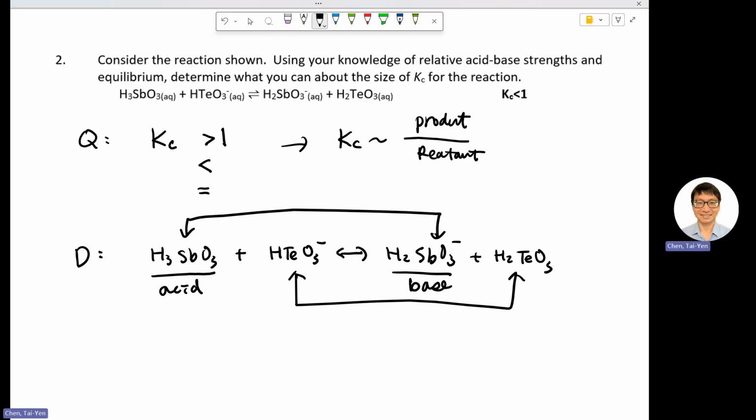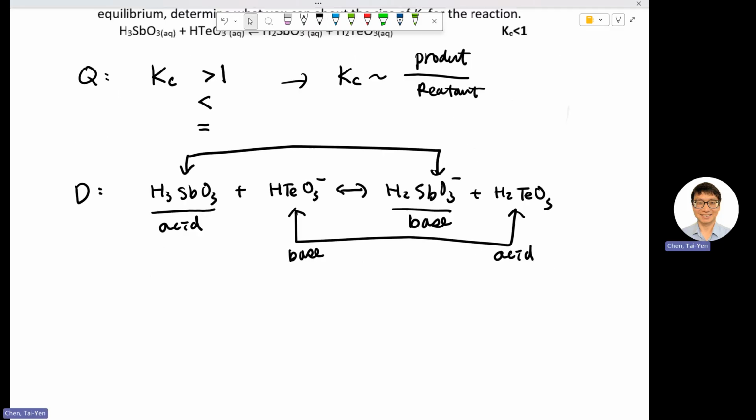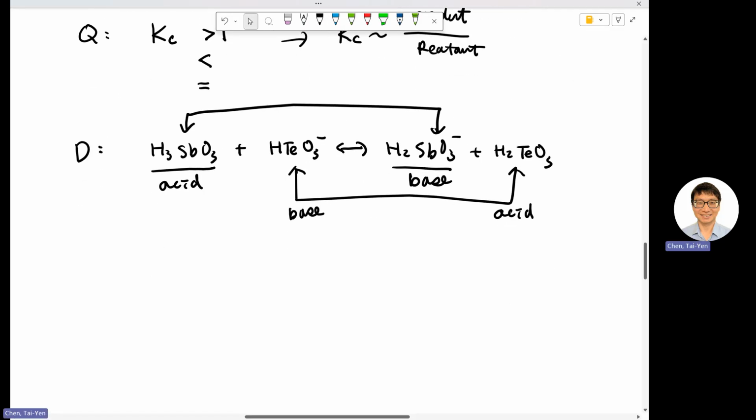When you look at it, you should see that this is the acid and this is the base, right? So up to this point, you have two acids, one on the left and one on the right, and they compete against each other.